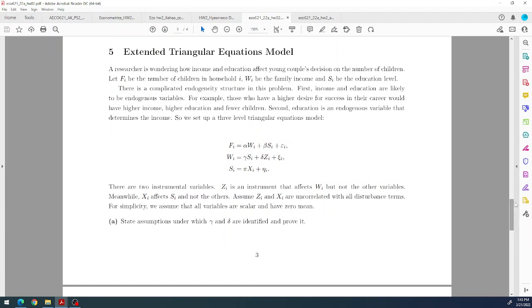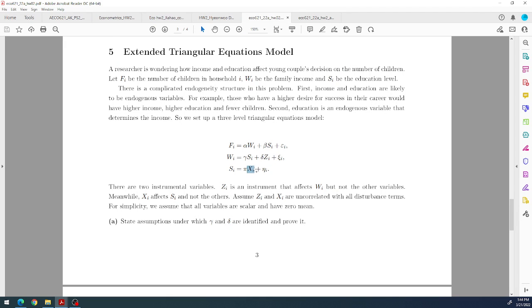This is tricky. This is not simple, but it's a straightforward extension of the two-stage approach to a three-stage approach. What we do here is W and S. W, S are endogenous variables. I put names, but the point here is endogenous. These are endogenous, and we assign one instrument for each of them.